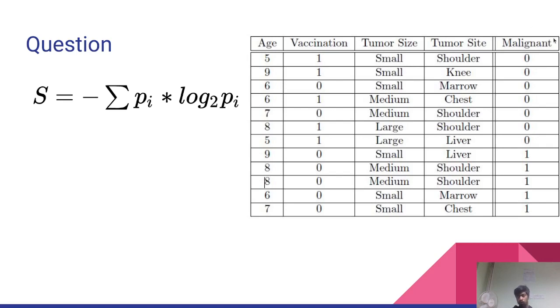You have to find entropy based on this column. In this data, we have the age of a child, whether the child is vaccinated, the tumor size of the child, and where the tumor appeared. Then we are trying to find whether the tumor is dangerous. 1 means dangerous and 0 means it is not dangerous. So you have to find the entropy of the label here, dangerous or not.